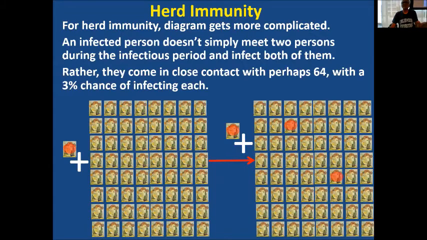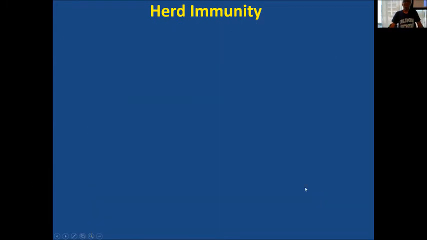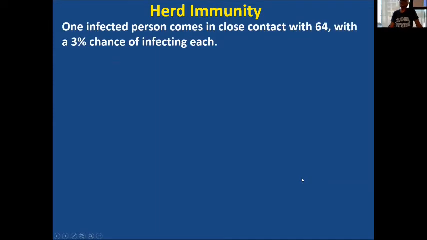That's it. So this is what is actually happening, which is sort of compressed in that previous figure where we saw 1 infected person going to 2 infected people. In fact, this 1 infected person is seeing 64 people and infecting 2. So now we can talk about herd immunity.